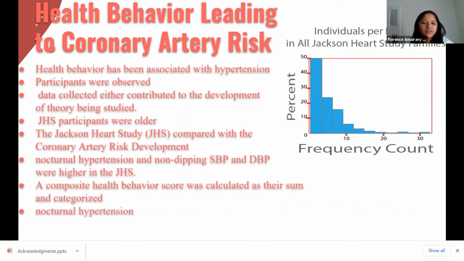Nocturnal hypertension associated with good, fair, and poor versus very good health behavior scores were 1.03, 0.88, and 0.96. The Coronary Artery Risk Development in Young Adults research and Jackson Heart Study participants had outcomes of 41.1% and 56.9% with nocturnal hypertension.